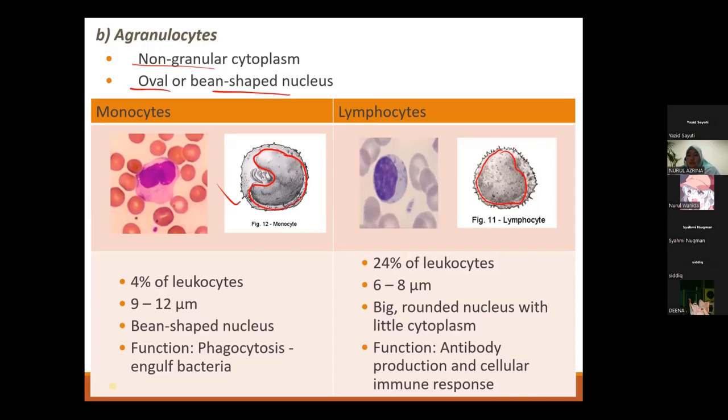So that is how to differentiate monocyte and lymphocyte. Okay, so monocyte size is quite big, 9 to 12 micrometer, right? And the function is to engulf bacteria. Monocyte ni one of the derivatives lah, dia boleh juga nanti develop into macrophage.